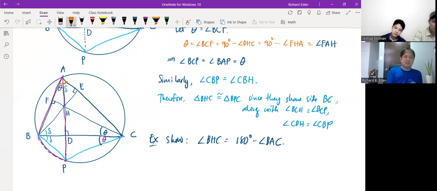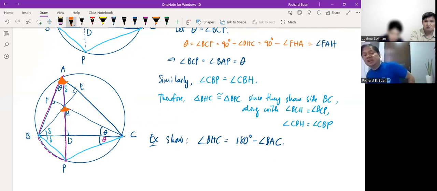And then BHC is this angle. Yes. So actually, those two orange angles, they're supplementary to each other. We see BHC, the lower angle.